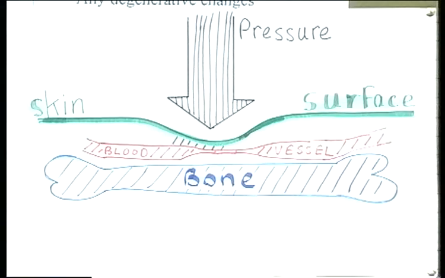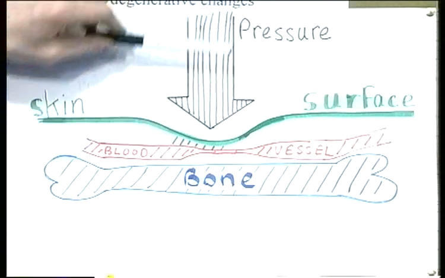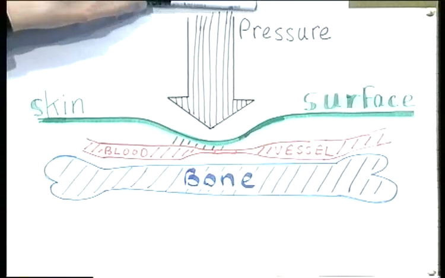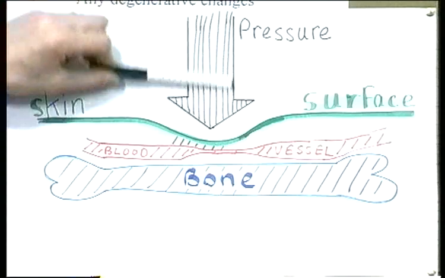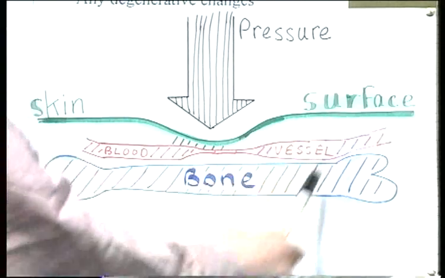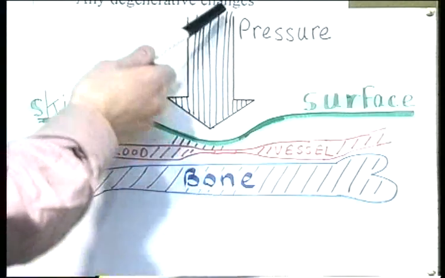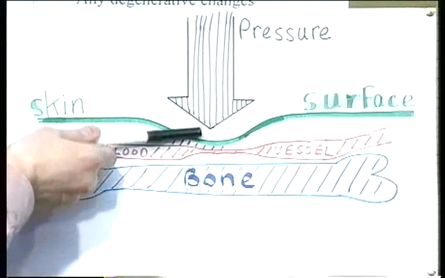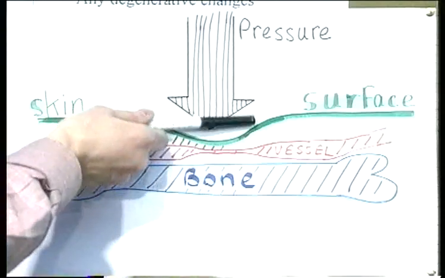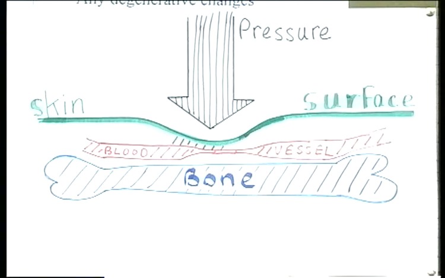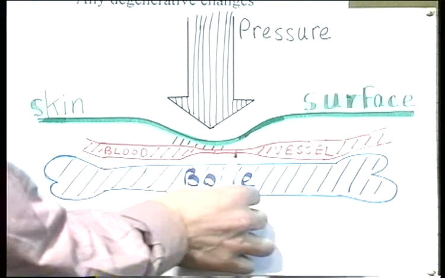So here we see this pressure effect in diagrammatic form. The pressure here, actually the whole thing will probably be upside down, the pressure coming from beneath, but never mind, there's pressure here on the skin surface. Underneath the skin surface there's a bone. And between the bone and the pressure being exerted, the tissue is compressed. So this area of tissue is compressed. That has the effect of squeezing shut the blood vessel.